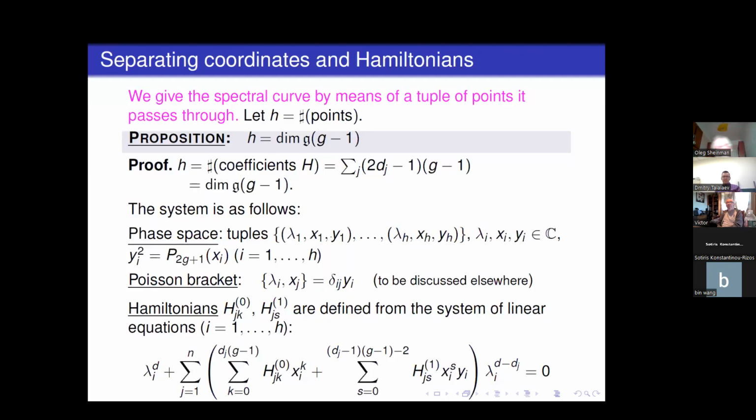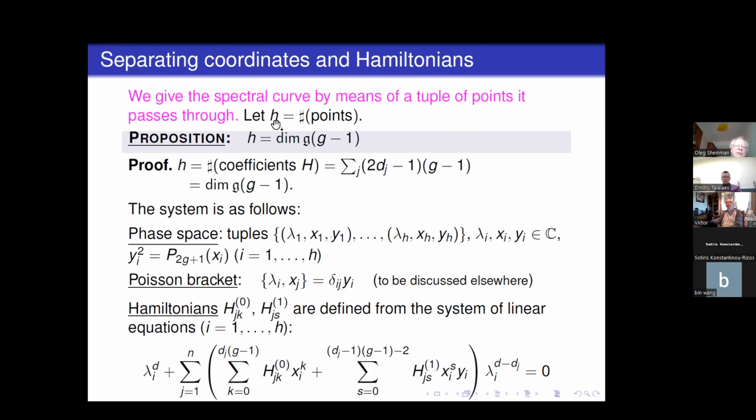Now we would like to point out separating variables for Hitchin systems, for all Hitchin systems. For that, we give the spectral curve by means of a set of points it passes through.